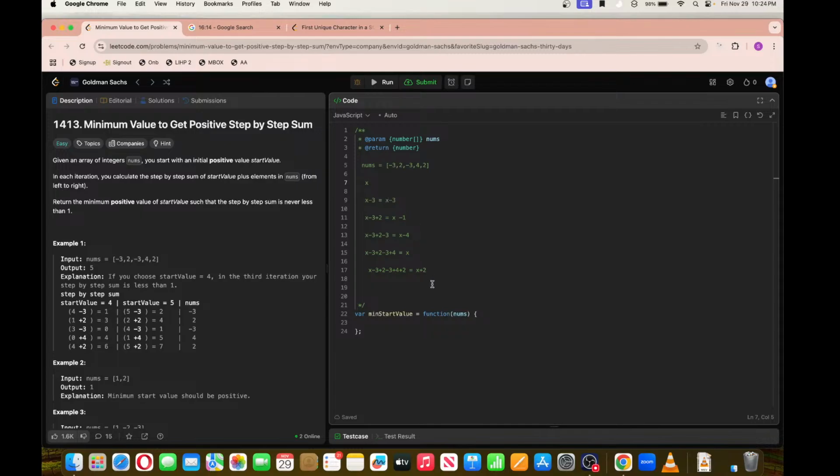I need to return the minimum positive value such that it is never less than 1. So it should always be greater than or equal to 1.